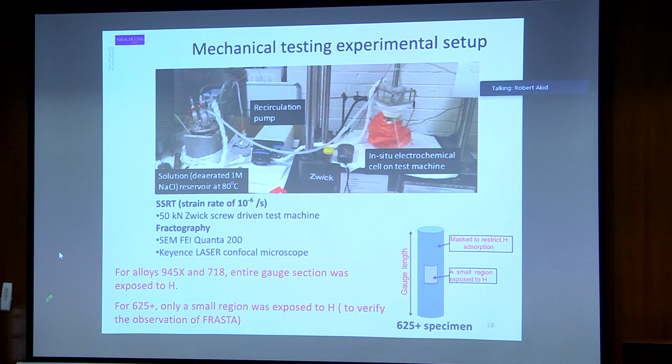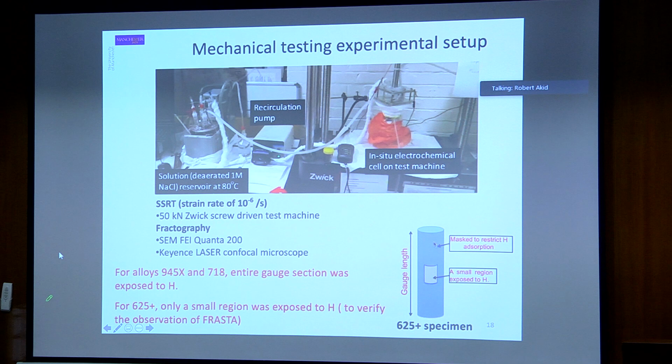So our approach has been to take a sample. So here we have, there we go. We've got our sample, a slow strain rate sample that's being very slowly extended in a tensile fashion. And we have our solution that's recirculated through the corrosion chamber, and the conditions for hydrogen embrittlement can change, and I'll explain that in a moment.